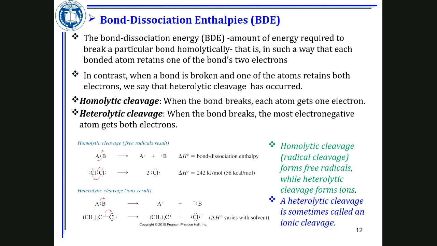It means the bonds that you are trying to break are stronger bonds. If you have a strong bond you're trying to break, you have to spend more energy. So if the amount of energy consumed is greater than the amount of energy released when the bond forms, then your reaction is going to be endothermic.